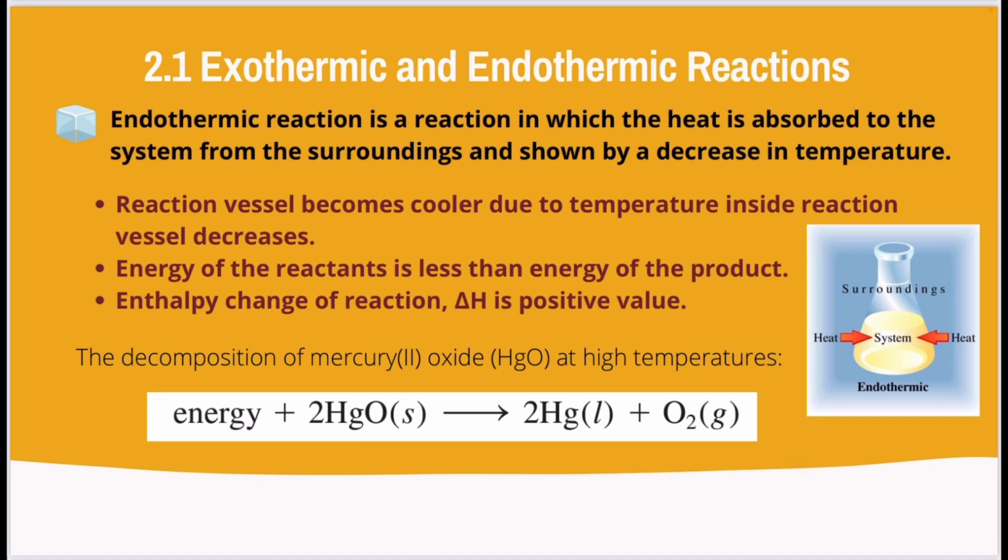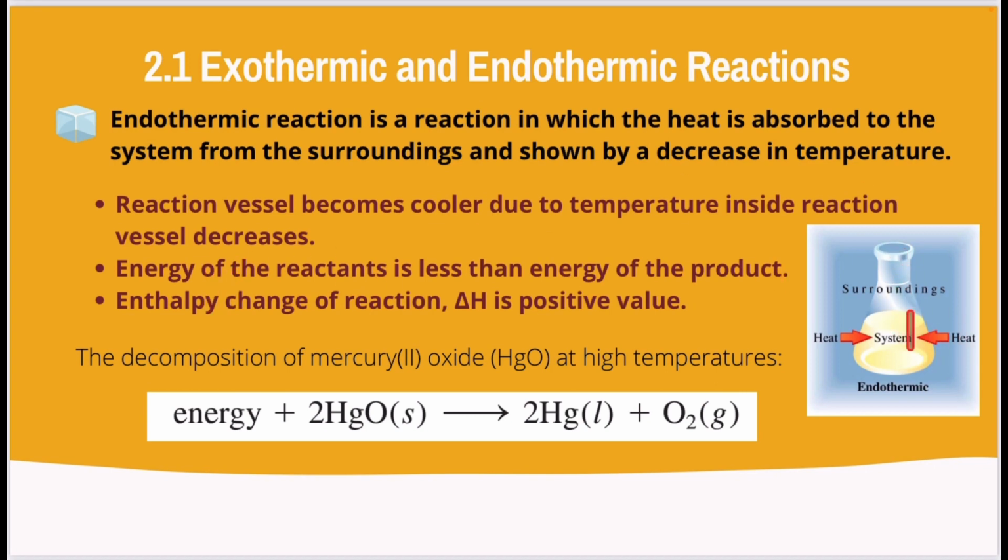An endothermic reaction is a reaction in which heat is absorbed by the system from the surroundings, shown by a decrease in temperature. The reaction vessel becomes cooler because the temperature inside the reaction vessel decreases.